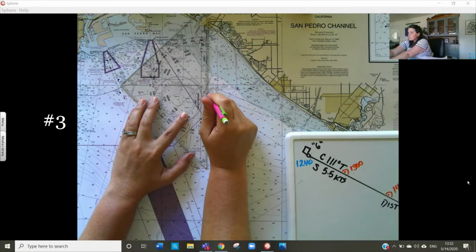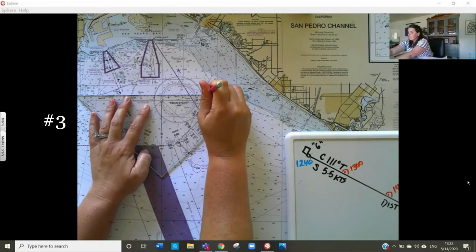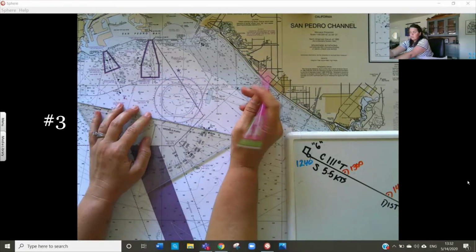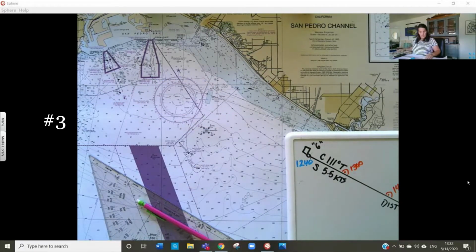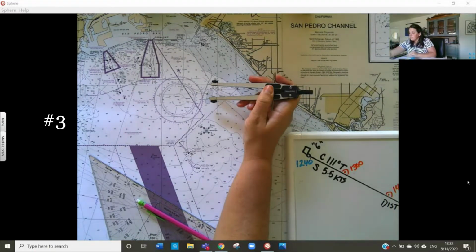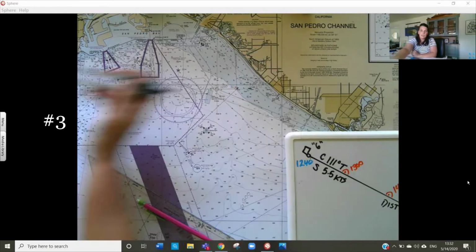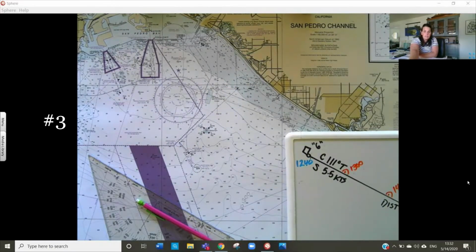So I'm just going to make a line to the nearest meridian and latitude, big bold line. And then I can use my dividers to get my latitude and bring it over to read my latitude. So I have 33 degrees 39.3 minutes north.